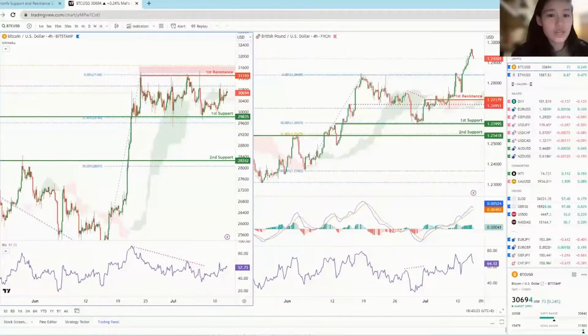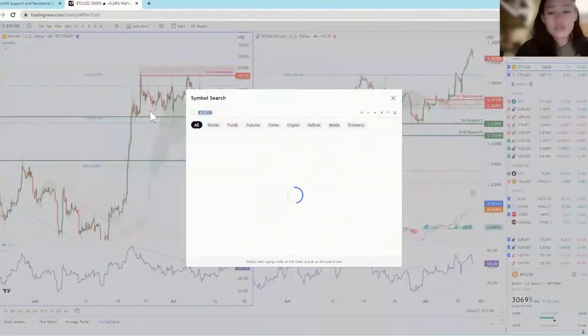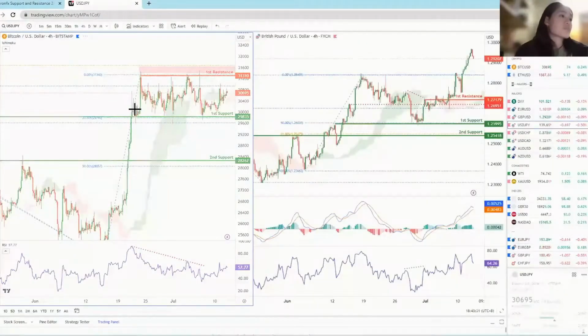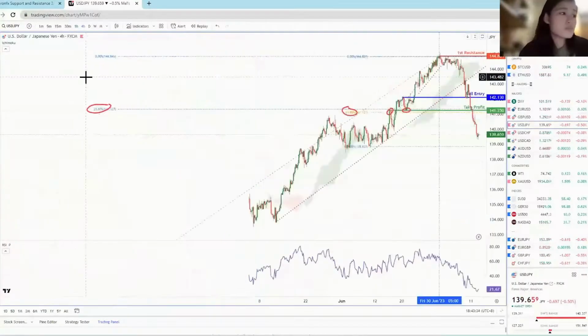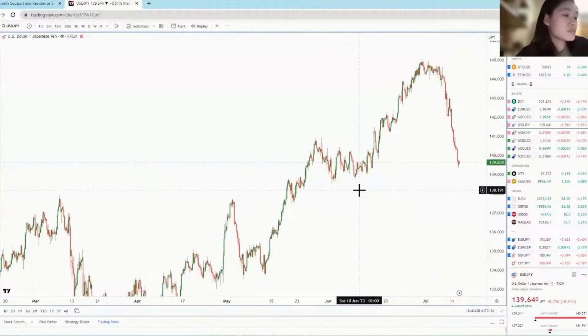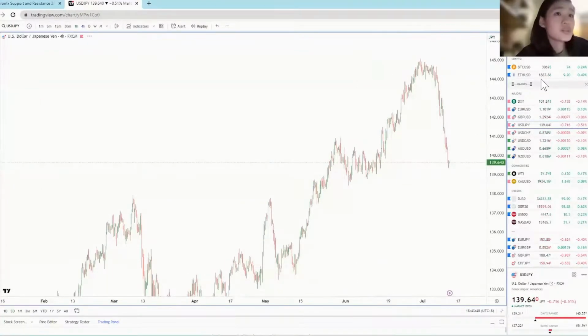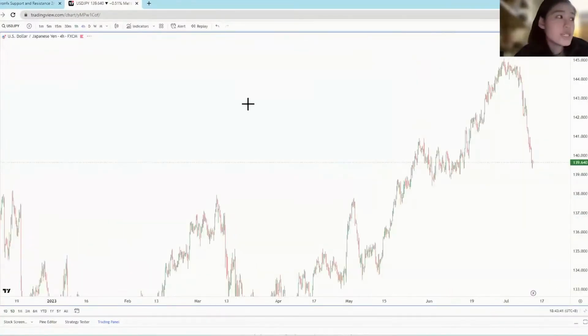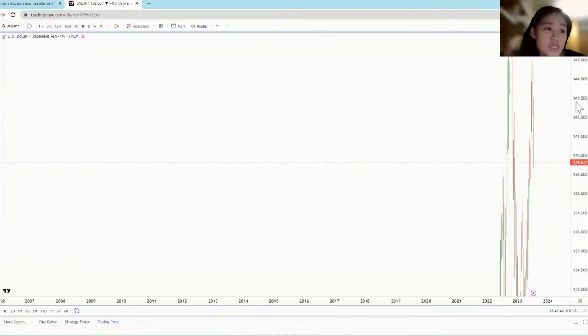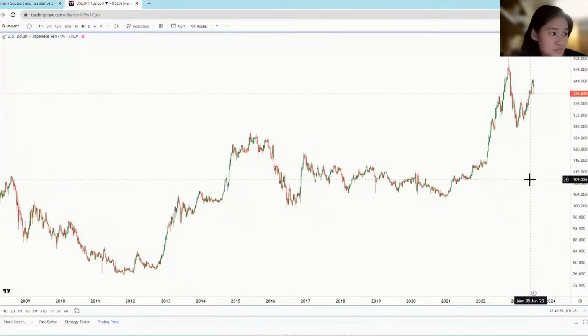Okay, let's take a look at USD JPY. Okay, so we will typically start on the higher time frames first, just so that we get an idea of where prices are headed towards.